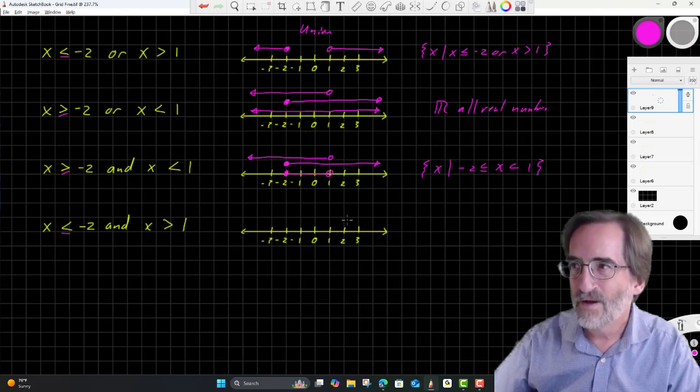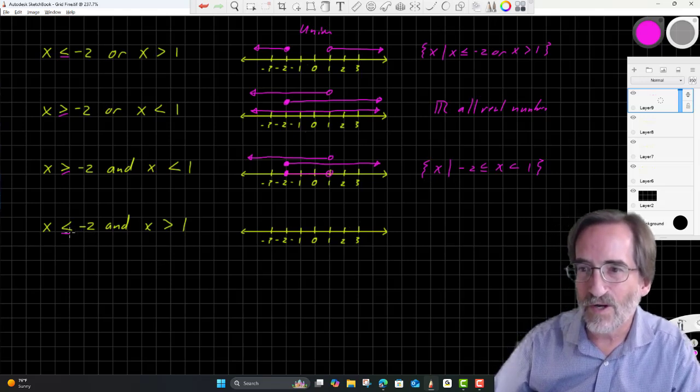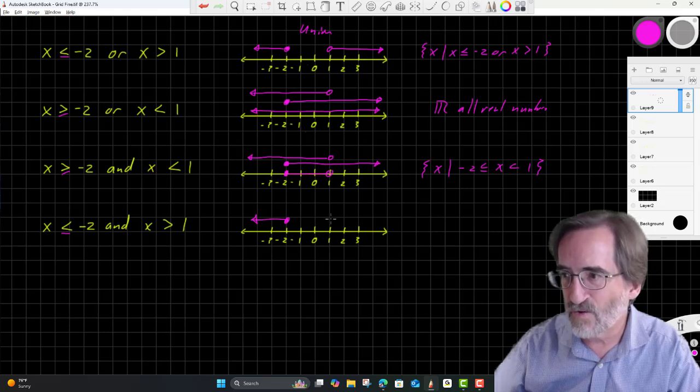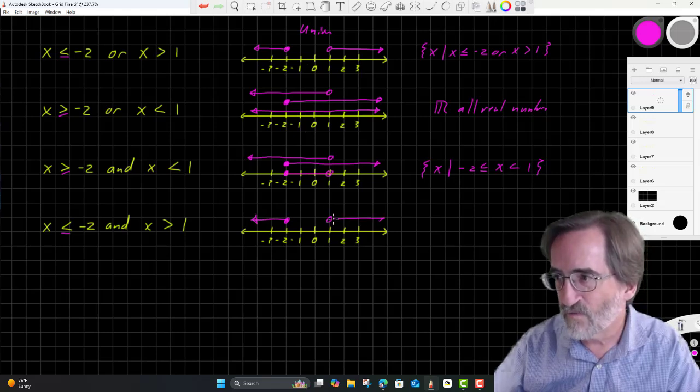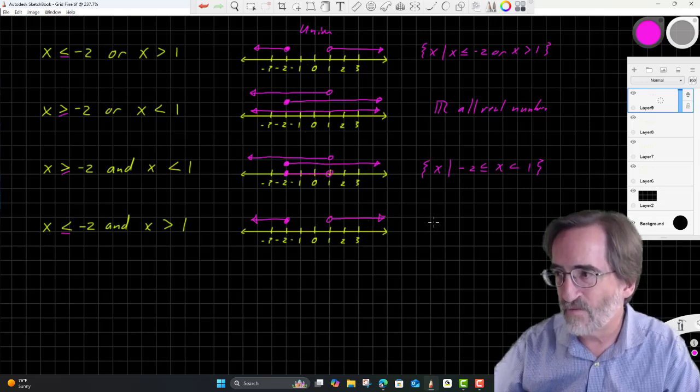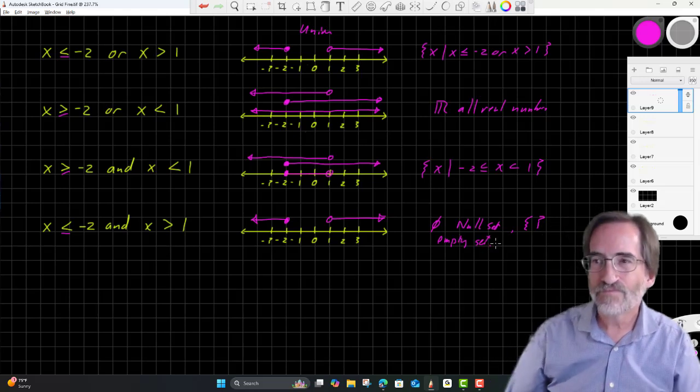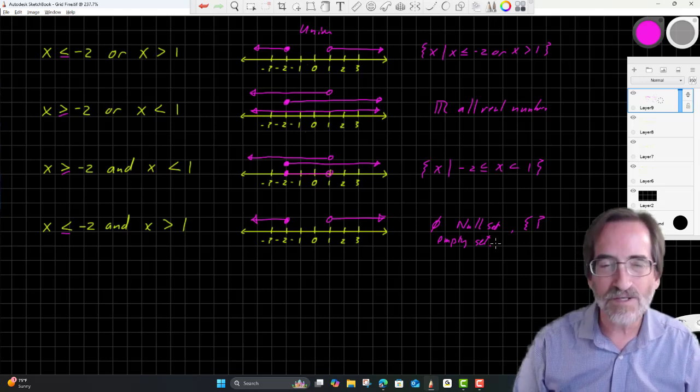Okay, and then this one, x is less than or equal to -2 and x is greater than 1. We're looking for the overlapping part. There is no overlapping part, so the null set or empty set is the solution. Empty set. Okay?